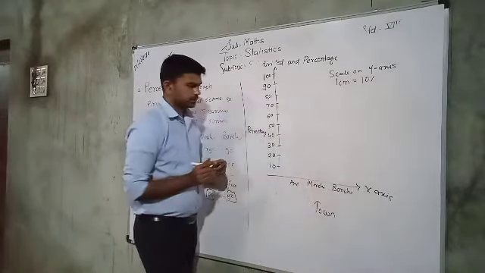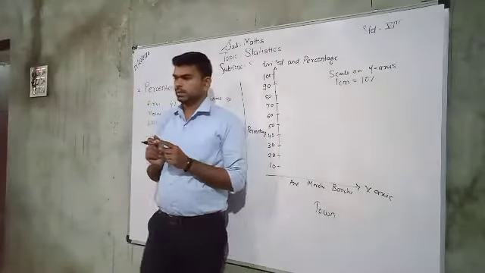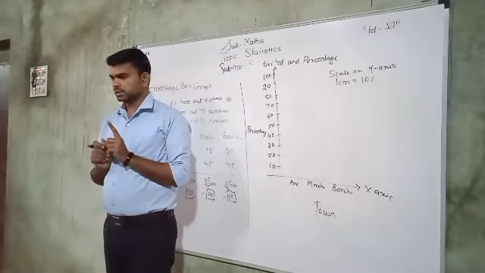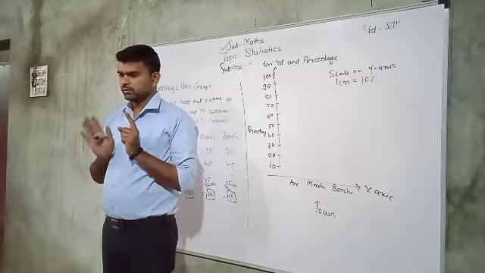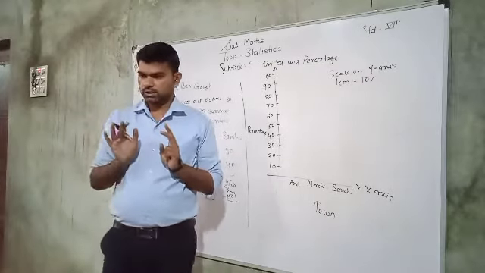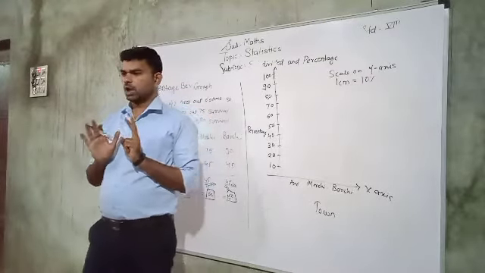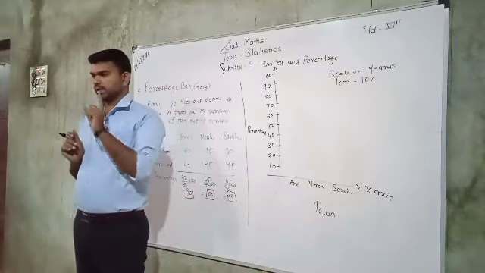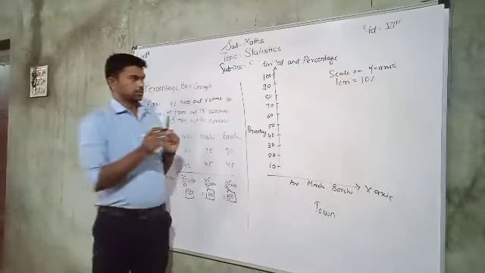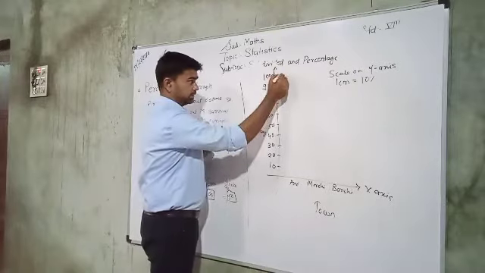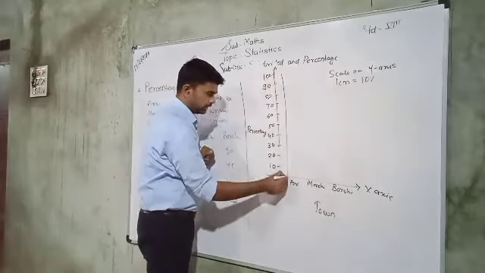See, in a percentage bar graph, there is one condition. We have to draw all the bars with 100%. So draw three bars with 100%.